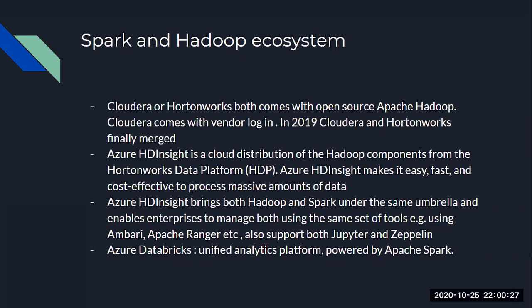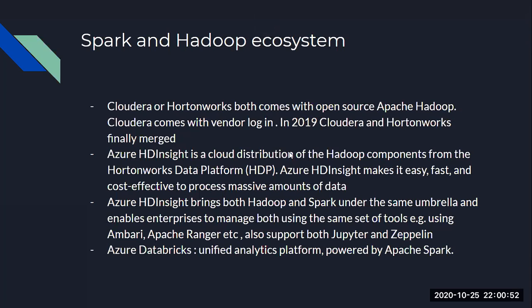When you talk about Hadoop, you always remember Cloudera and Hortonworks and their ecosystem. And when you talk about Spark, you always remember Databricks. Databricks is specialized for cloud data, while Cloudera and Hortonworks specialize in on-premise.